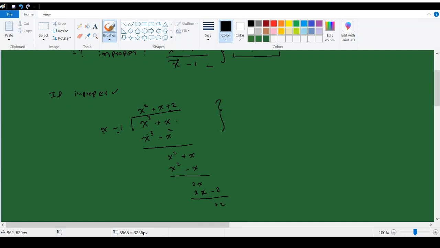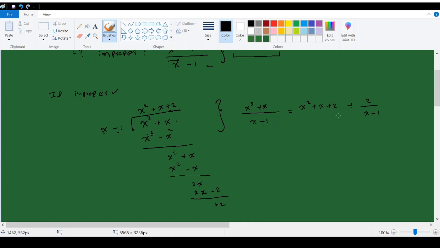So what we can do is write this fraction, we started with x cubed plus x divided by x minus 1, as x squared plus x plus 2 plus 2 over x minus 1, right? Now, this is some sort of algebra knowledge. If we have this long division, then we can write it in this format.